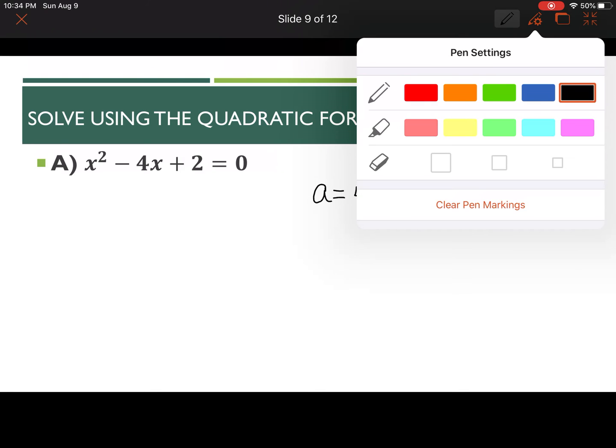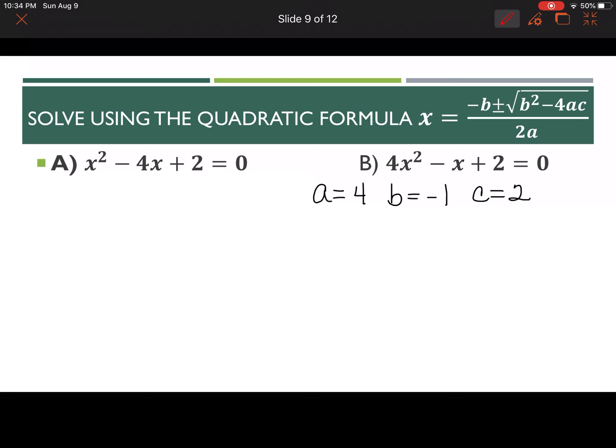So again, let's start off with finding out our discriminant. b squared, again there's a negative, so put that in parentheses, minus 4 times a times c. Pause the video, type that in your calculator to see what you get. And you should get negative 31.